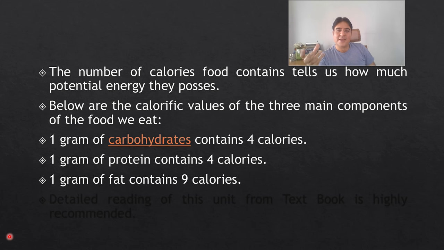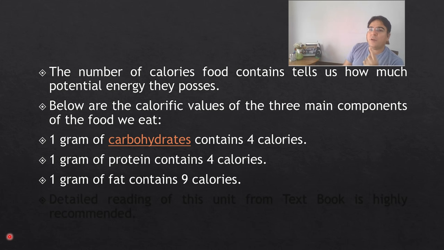So the calories coming from different food components are like this. If you take 1 gram of fat, you get more than double the amount of calories. That's why fat intake is always limited, because it supplies much higher energy than protein and carbohydrates can give.